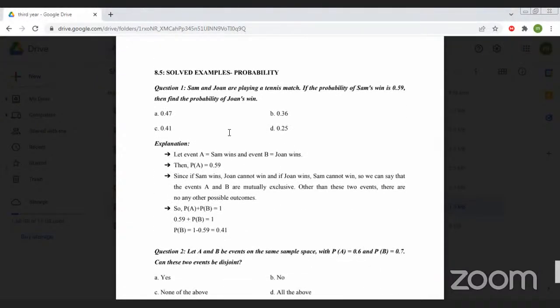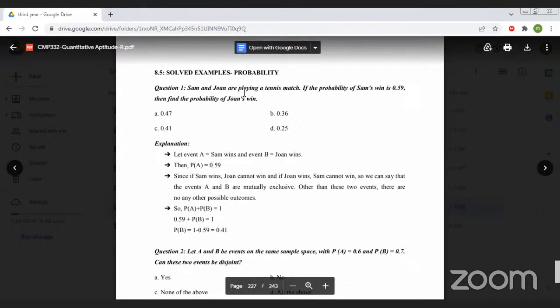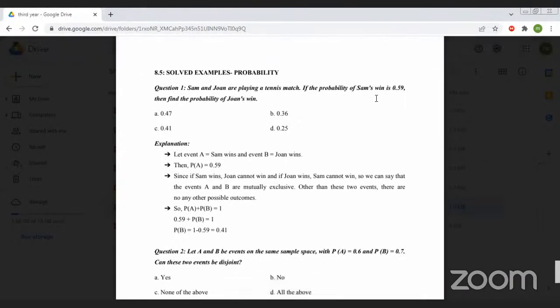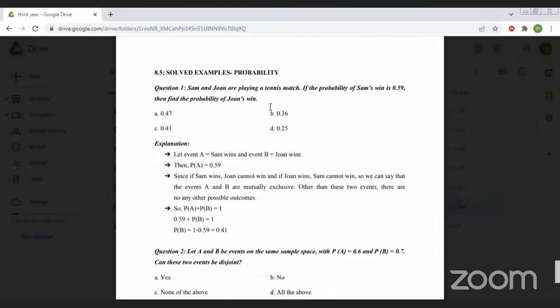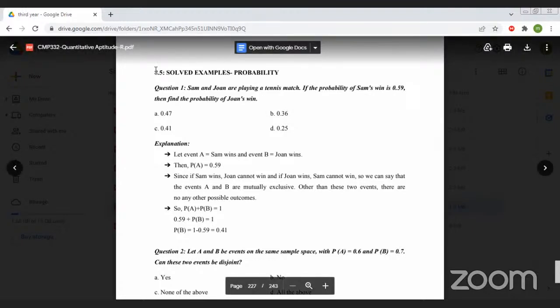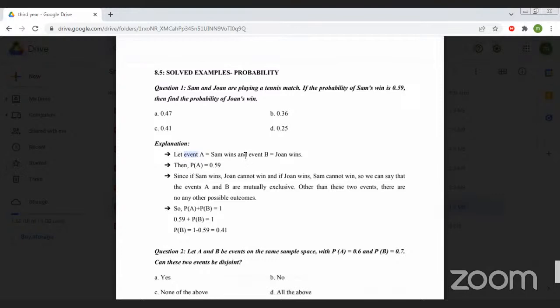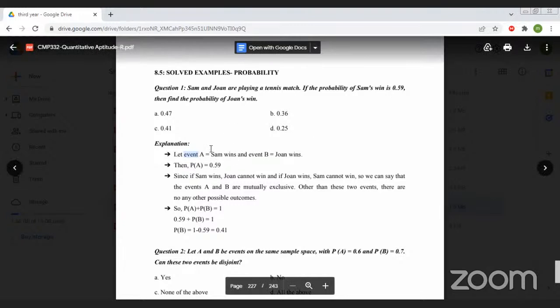Let's take the examples. Sam and John are playing a tennis match. If the probability of Sam's win is 0.59, then find the probability of John's win. The event A is Sam wins and event B becomes John's win. So probability of one is given. You need to find the probability of the second.